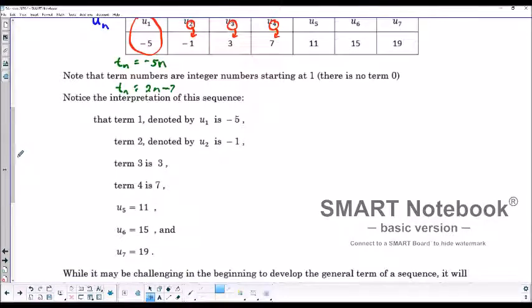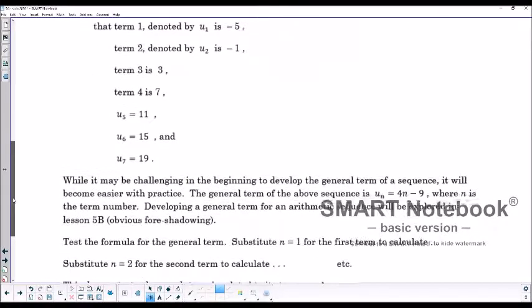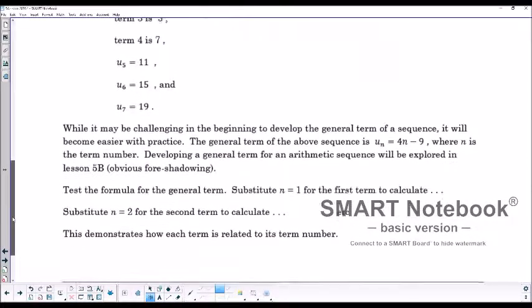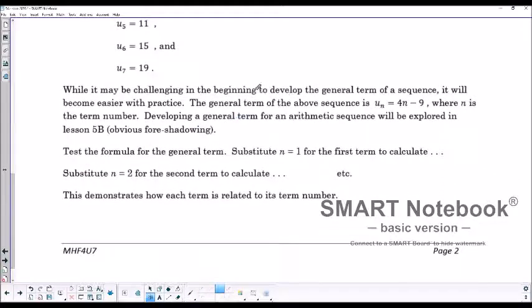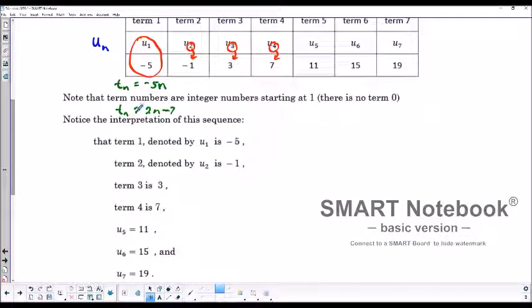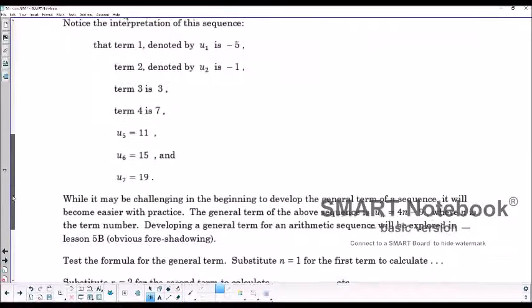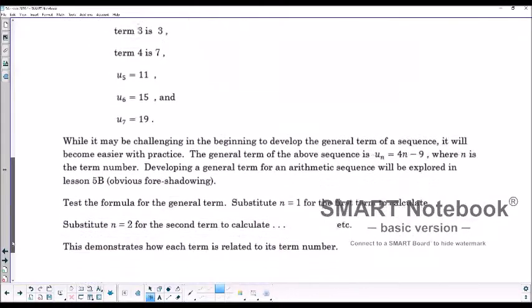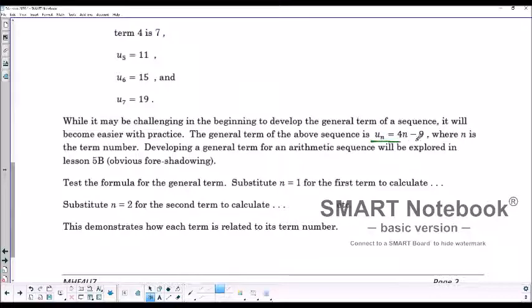Okay, and as we continue scrolling down here, as it turns out, we were on to something when I stated t sub n, or the general term, is 2n minus 7. As it turns out, the general term, or u sub n, I suppose, is 4n minus 9.